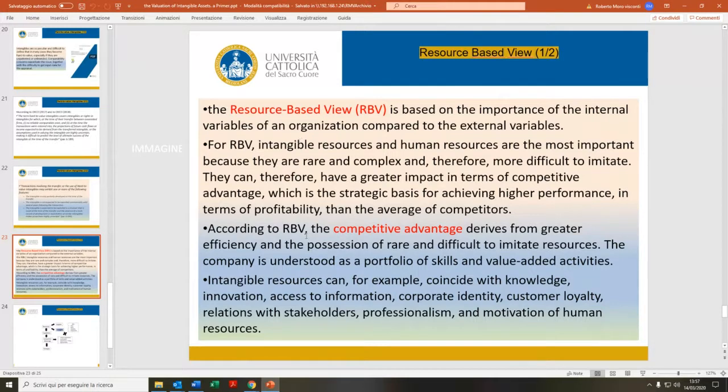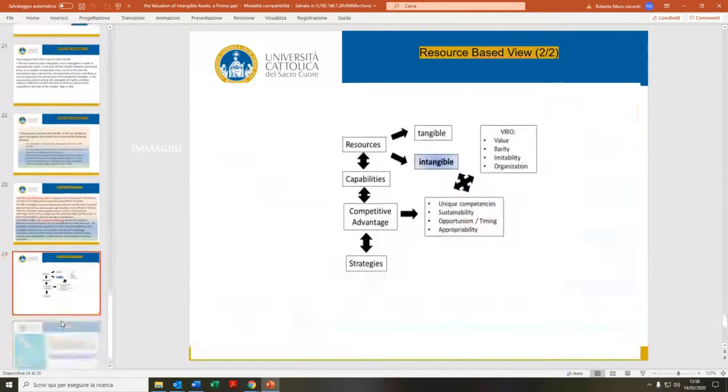They are a source of competitive advantage because they give greater efficiency, and also they can coincide with knowledge, innovation, access to information, corporate identity, customer loyalty, when clients stick to the company and to its products, relations with stakeholders, professionalism, and motivation of human resources.